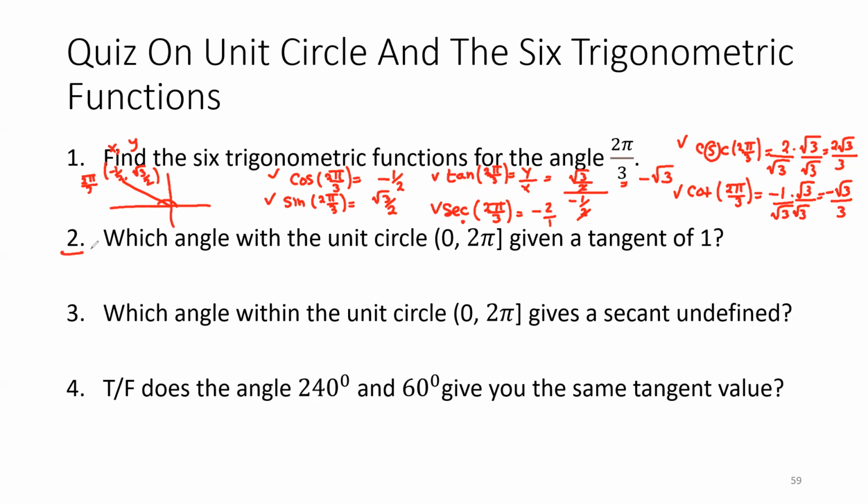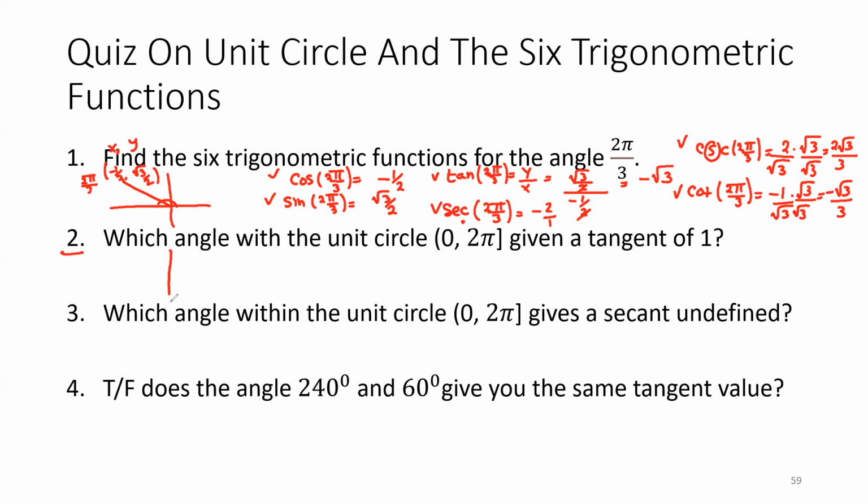Number 2: which angle within the unit circle of 0 to 2 pi gives you a tangent of +1? We have to go exactly around the unit circle once. That's what 0 to 2 pi means. I think it's related to anything with pi over 4.